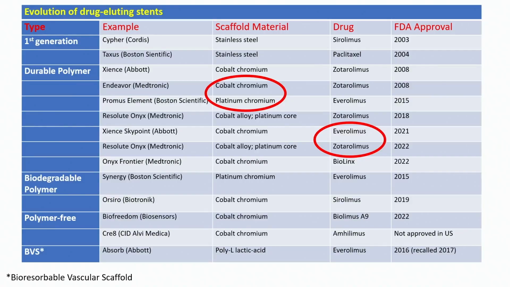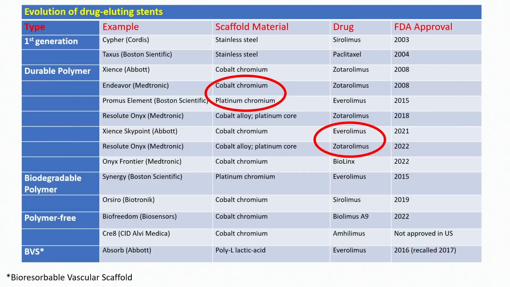Also, the other thing to note is that the newer stents have biodegradable polymer. So you remember the coating that I talked about that is placed on these stents for the drug to be embedded in? That polymer is one of the culprits that causes the thrombogenic potential.